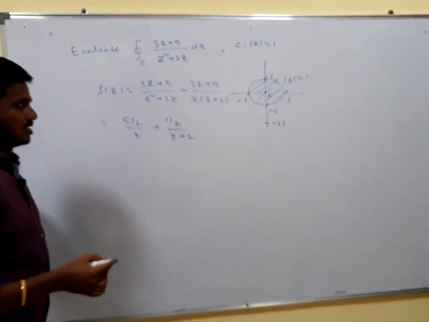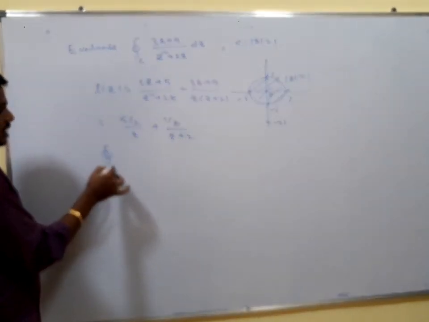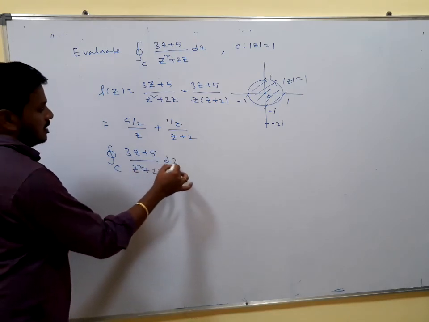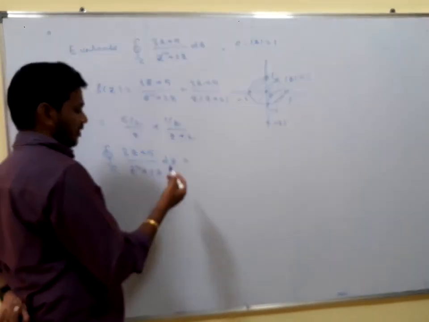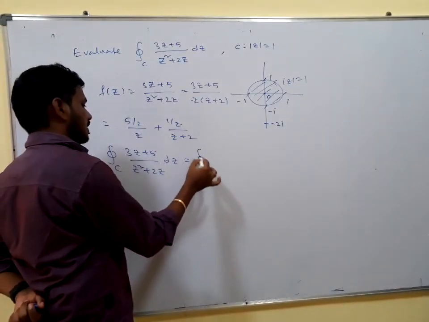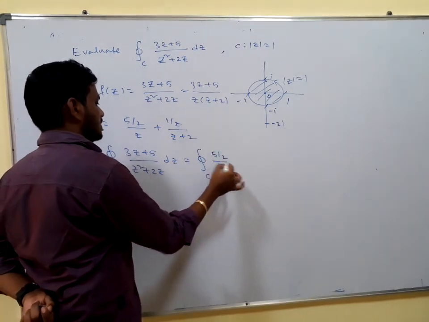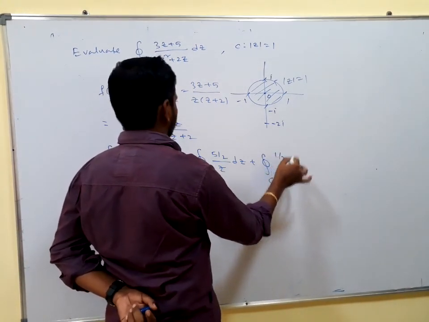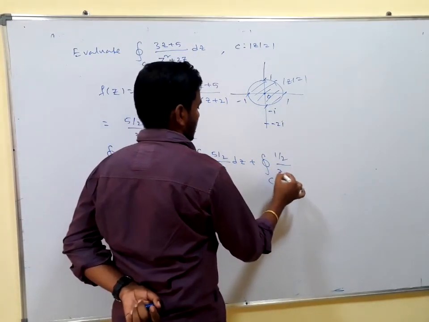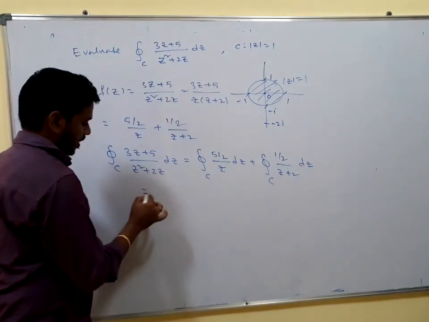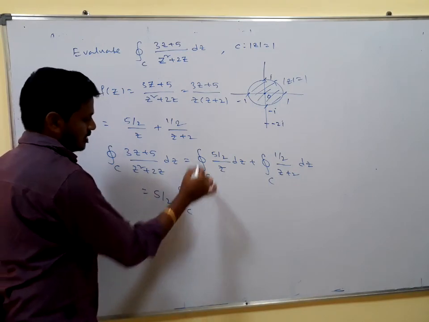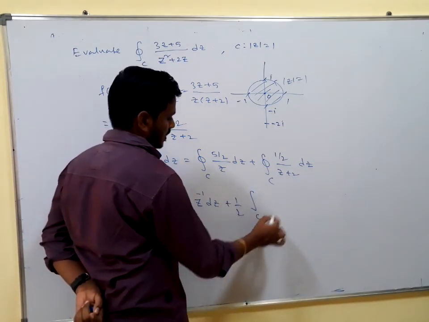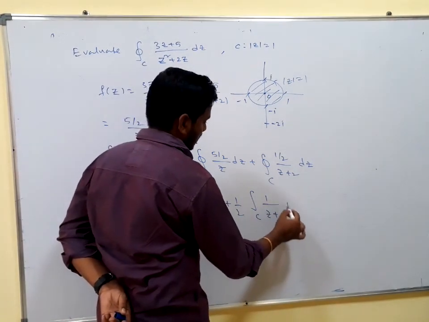So the integral over c of (3z plus 5) divided by (z square plus 2z) dz can be written as the integral over c of 5 by 2 by z dz plus the integral over c of 1 by 2 by (z plus 2) dz, which is 5 by 2 into the integral over c of z to the power of minus 1 dz plus 1 by 2 into the integral over c of 1 by (z plus 2) dz.